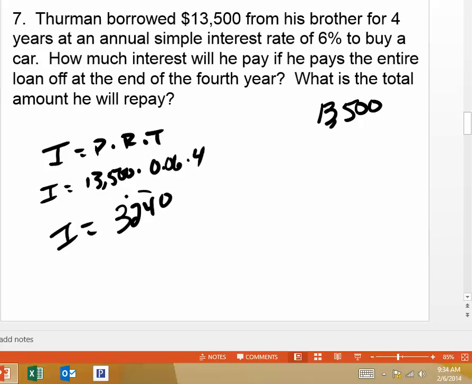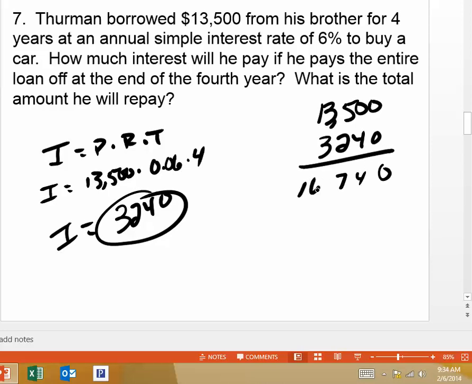This is the interest. That's one answer. And then the question is, how much will he pay altogether? Altogether, he will pay $16,740.